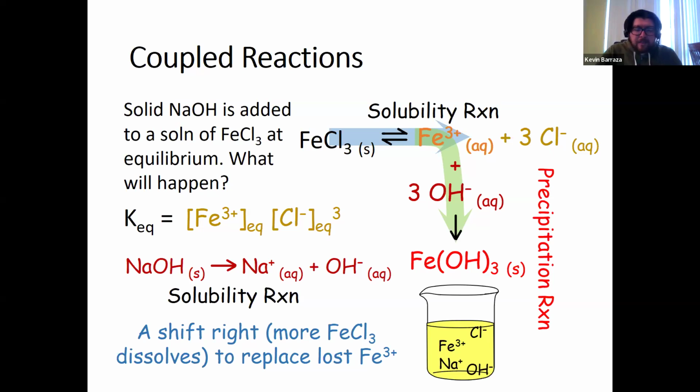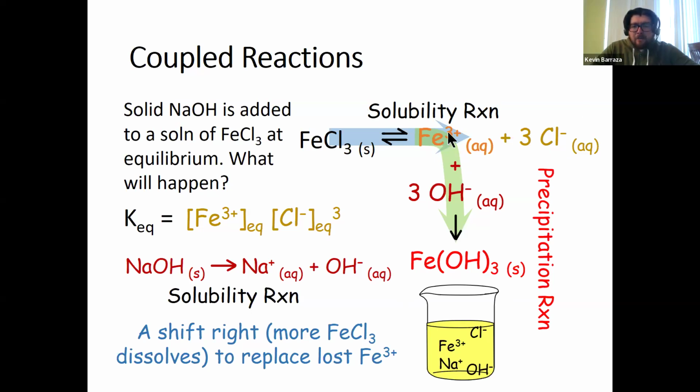This is an example of what's commonly called coupled reactions. Coupled means kind of like linked together, connected to each other. So these two seemingly different reactions are connected to each other because they share something in common. The Fe3 plus ion is made by one reaction and used by another. So there is a connection or a coupling between them.